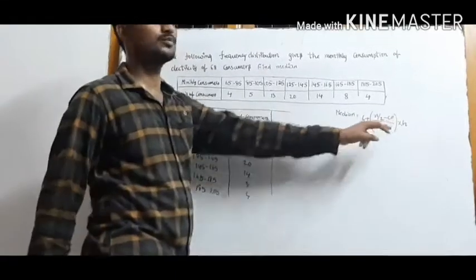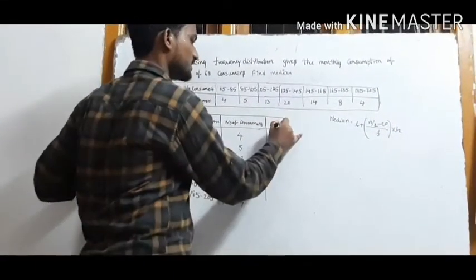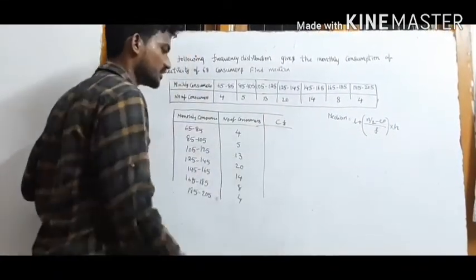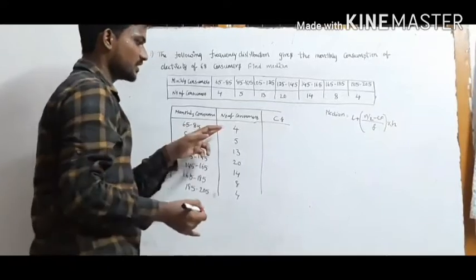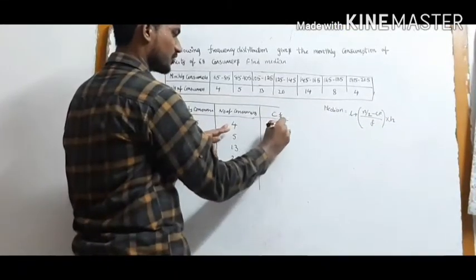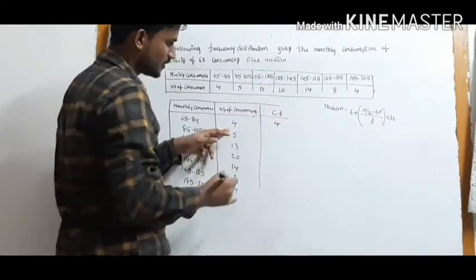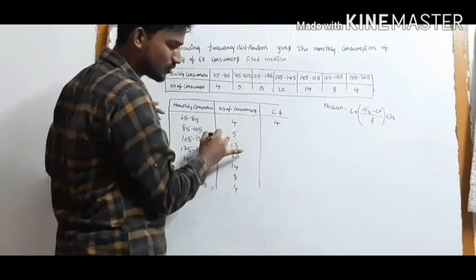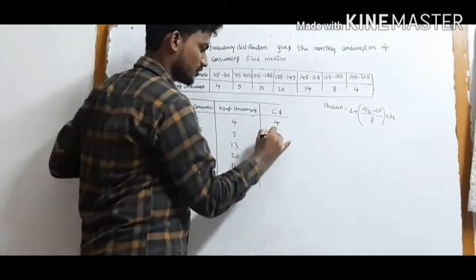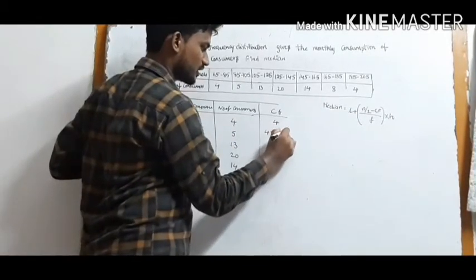First we want to write the cumulative frequency. The next column is CF. Cumulative frequency means the first box is 4 only. Next, 4 plus 5 equals 9.